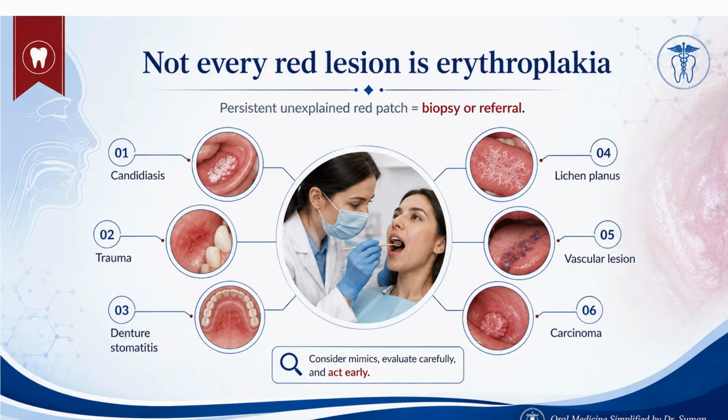If a red lesion has no obvious explanation, persists after removal of possible causes, occurs at a high-risk site, or shows suspicious clinical features, the correct pathway is biopsy or referral. This is why the repeated rule throughout this series will be: persistent, unexplained red patch equals biopsy or referral.